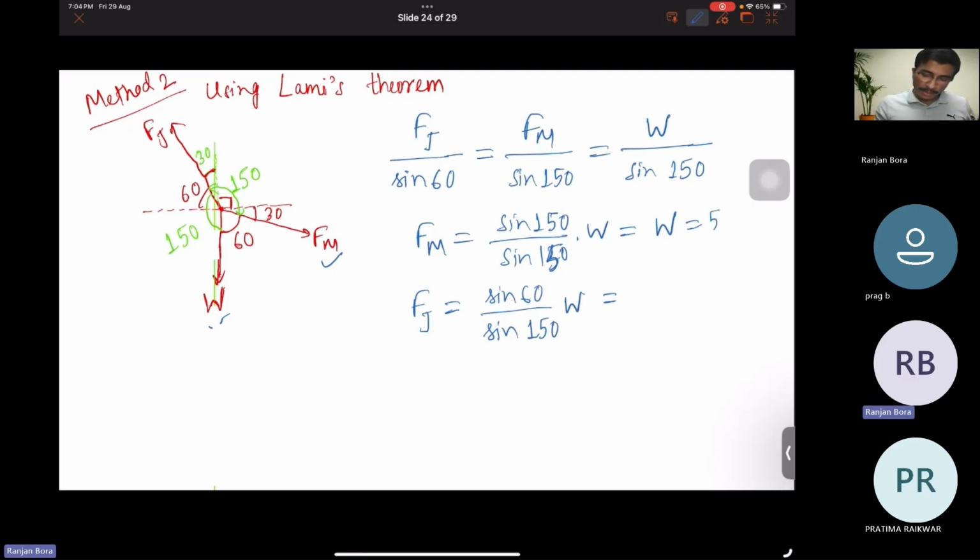W is given 50 Newton. Sine 60 divided by sine 150. Yeah, it is 50 root 3. But the value is 86.6.